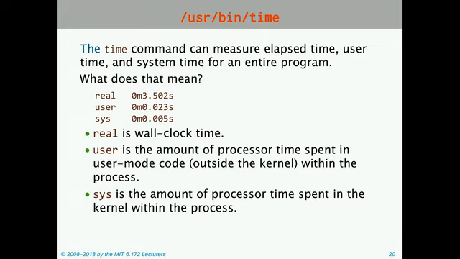Okay, in any case, we have those three types of things: wall clock time, the amount of processor time spent in the user mode code within your process, and the system time, which is the time spent in the kernel but within your process. For example, satisfying system calls and such.